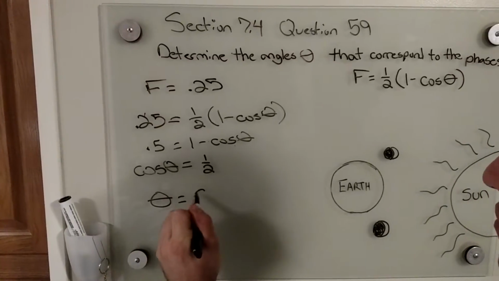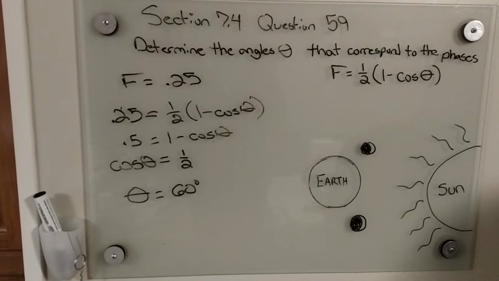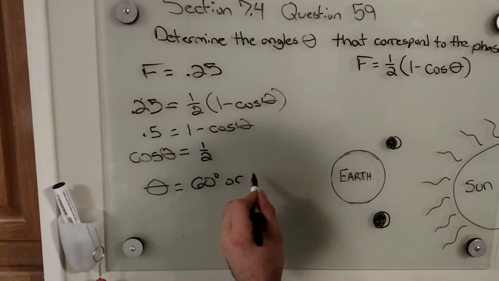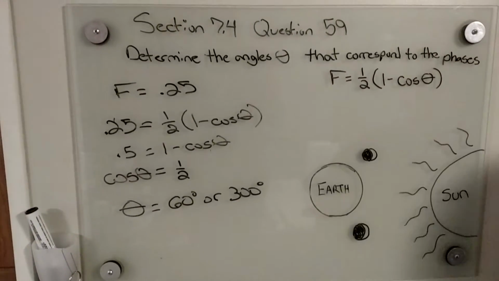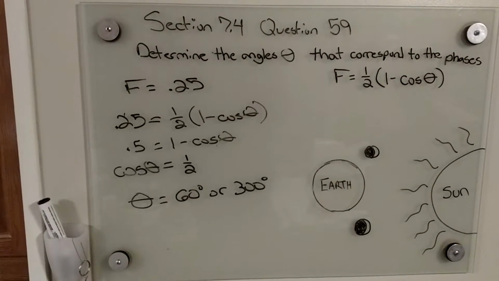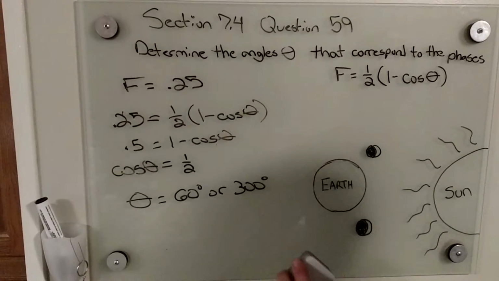So theta can equal 60 degrees, or if we subtract 60 from 360, it can equal 300 degrees. And that is the angle of the Earth, the Moon, and the Sun in a crescent moon.